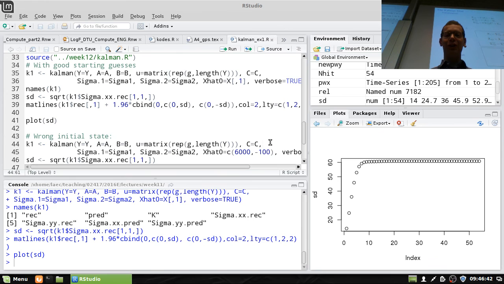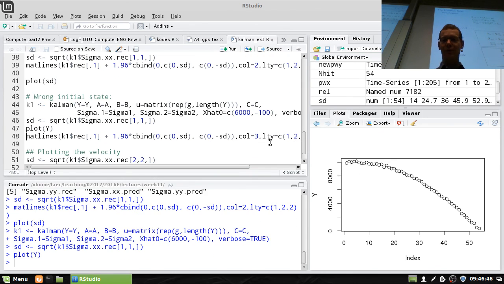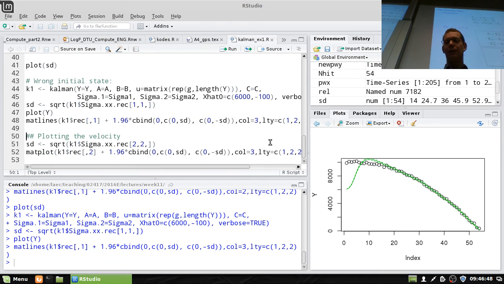If I now run the same filter, just run the same lines again, plot the data, and then what I predict. What then happens? Well, I said I started exactly there, 6,000 meters above.